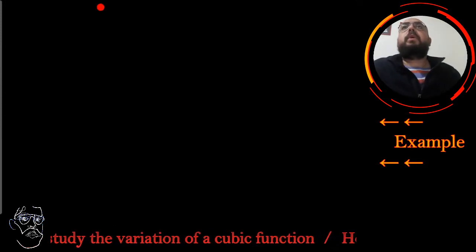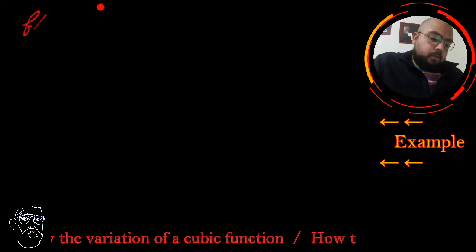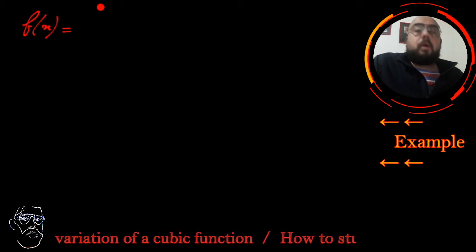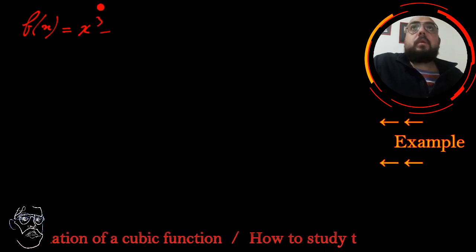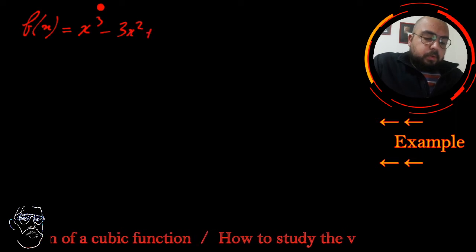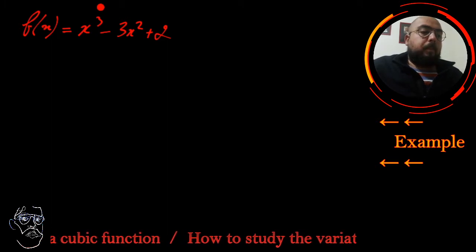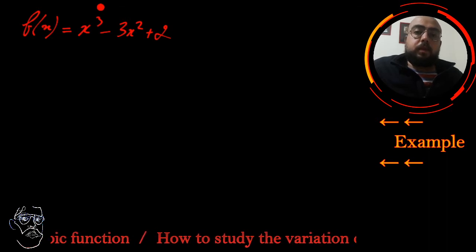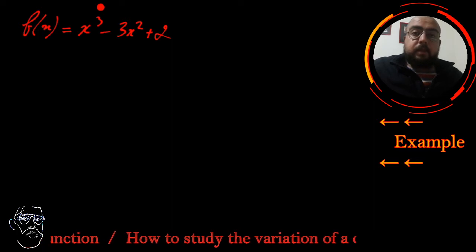The function will be f of x is equal to x cubed minus 3x squared plus 2. So as you can see, it's a cubic function. In this case, it's a cubic polynomial. Again, the steps are the same.